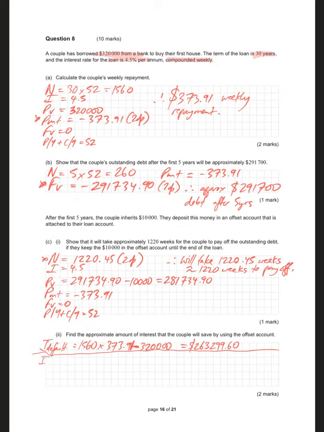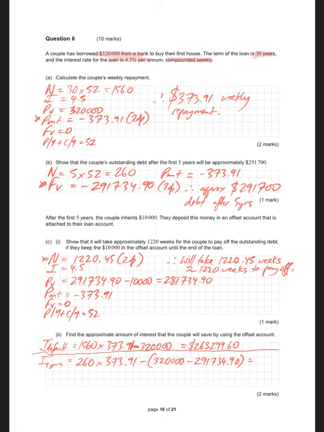Interest for the first 5 years, paying it off normally, 260 payments of $373.91, but you didn't pay off the whole loan. You went from 320 grand down to $291,734.90.